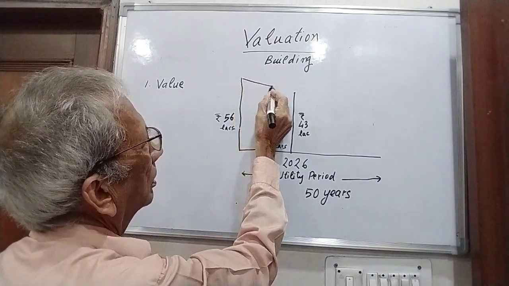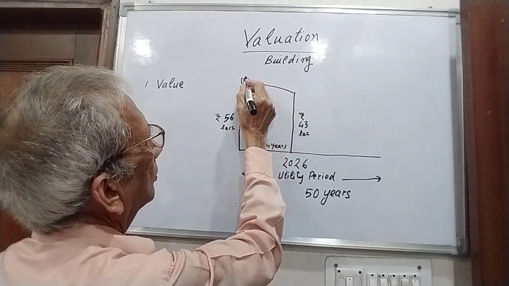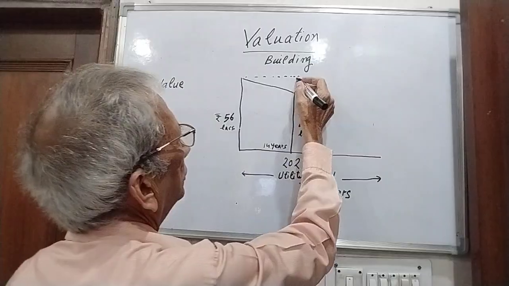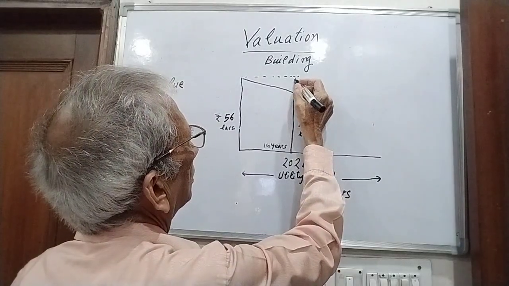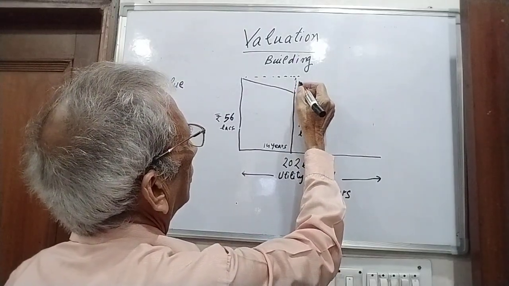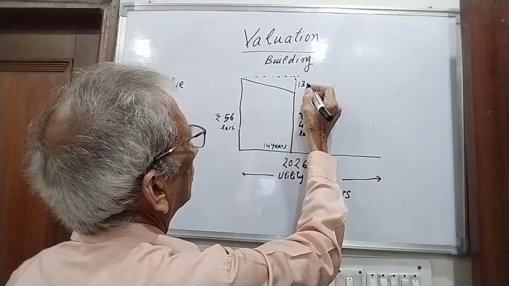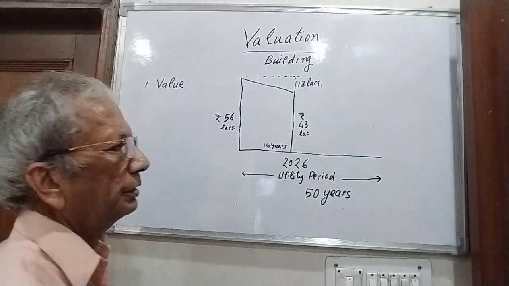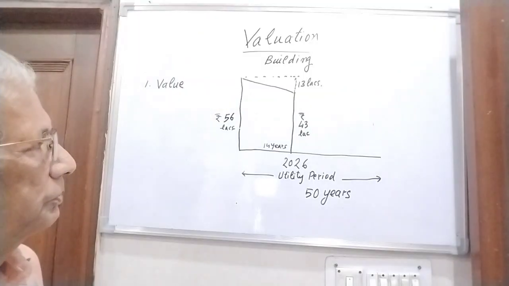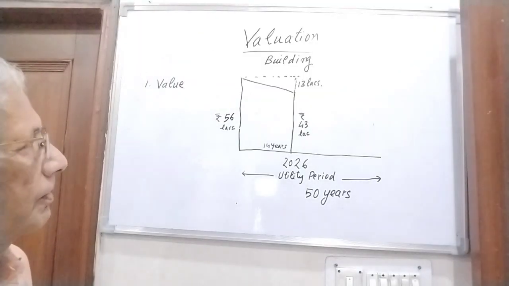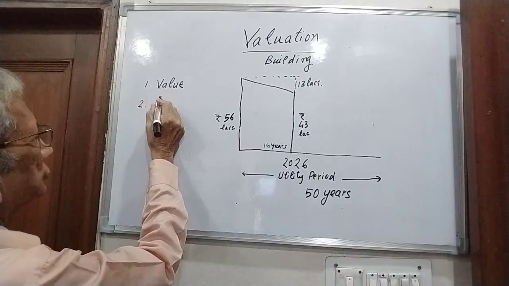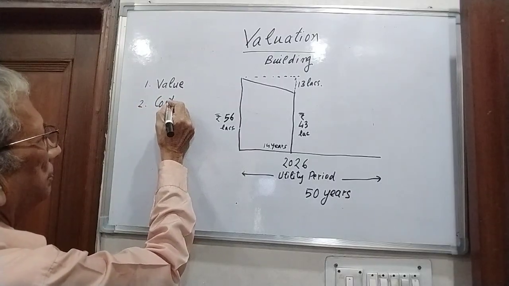Therefore, now there is a depreciation of 13 lakhs. Depreciation of the building is 13 lakhs after 14 years. Now, second term is cost.